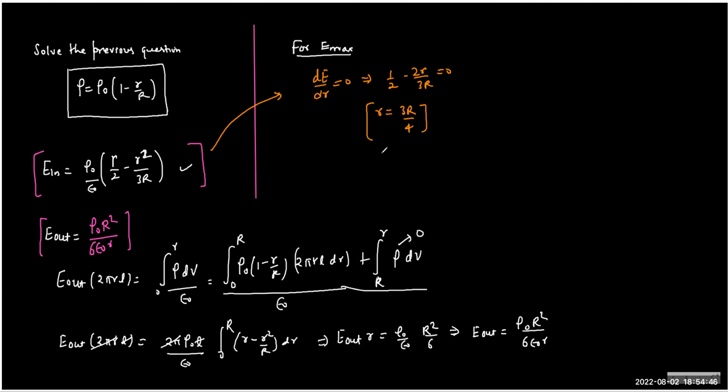Now it is 3R by 4 in case of cylinder. And the value of E max we can also find by resubstituting the r value: R by 2, which is 3R by 8, and 1 by 3R into r square, which is 3R whole square by 16. So it is 3R by 16. Correct? This is the answer.